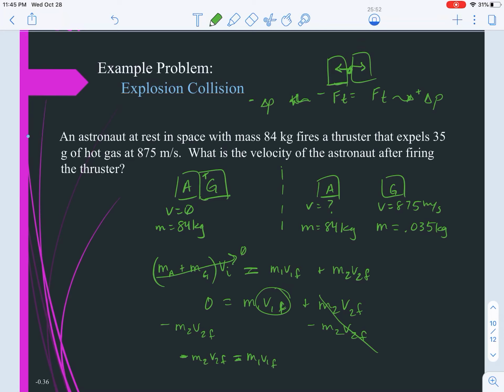When you plug your numbers into this calculation, please do not overthink it and try to do any kind of extra changing of signs because they are in the opposite direction. When we subtracted our second momentum over and we expressed it now with a negative m2v2, that has already accounted for the fact that it's an opposite direction.